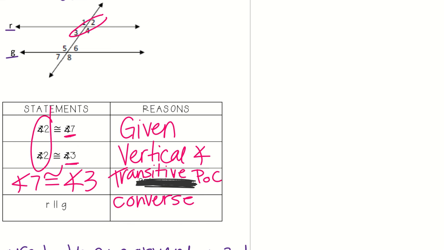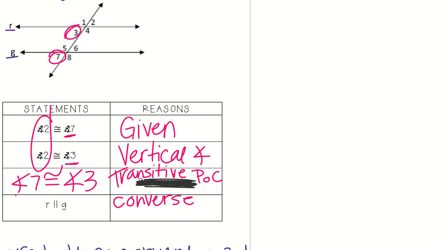And then the last statement we need to figure out how this part right here tells me that those are parallel lines. Well, if I look up at the top, 7 and 3 are corresponding angles, right? One's outside, one's inside. They're on the same side.